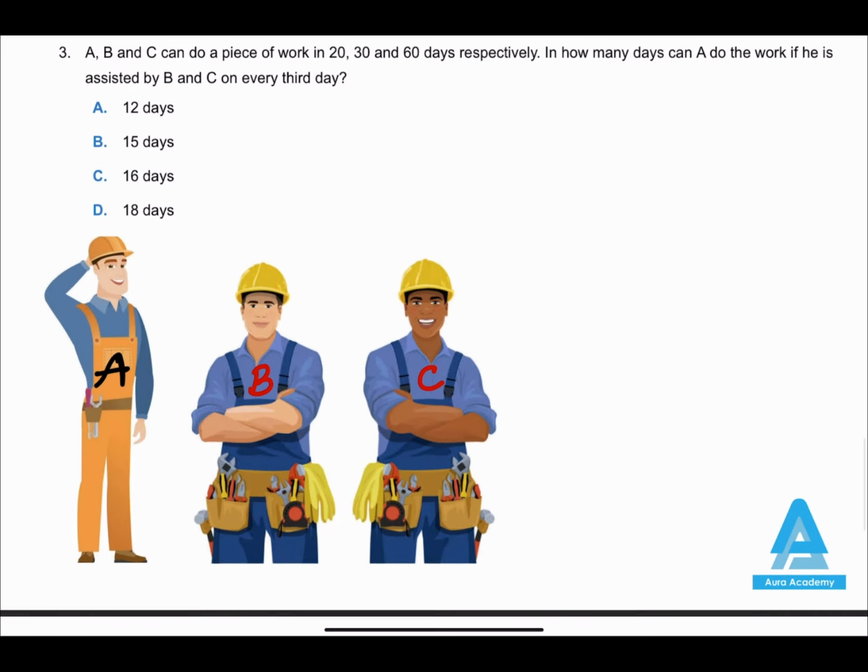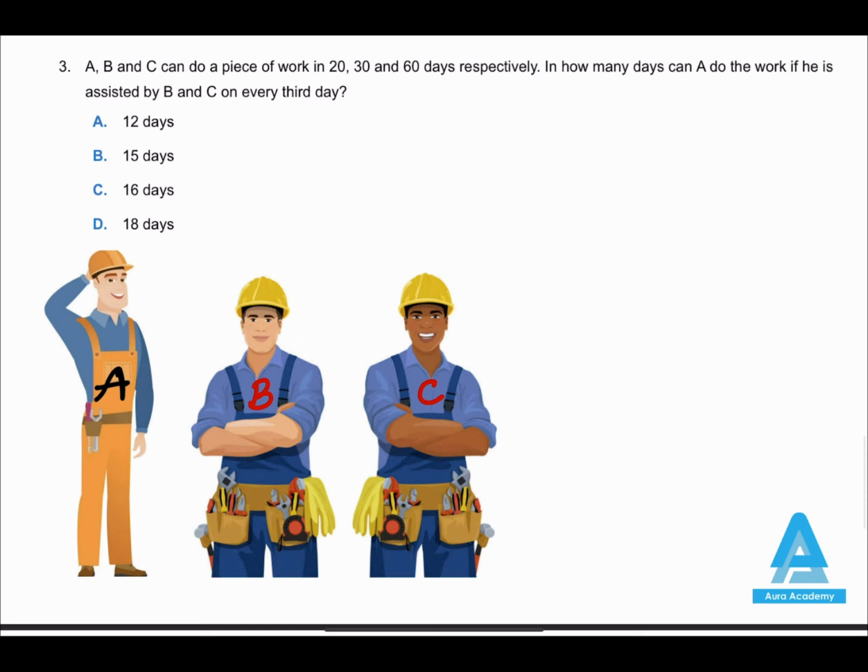Now in this question, solve it very quickly. You can say that A, B, C are doing the job in 20, 30 and 60 days respectively. What the question is asking is to do some logical reasoning. You just need to find out the number of days.